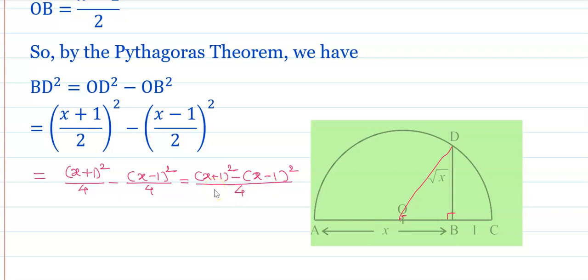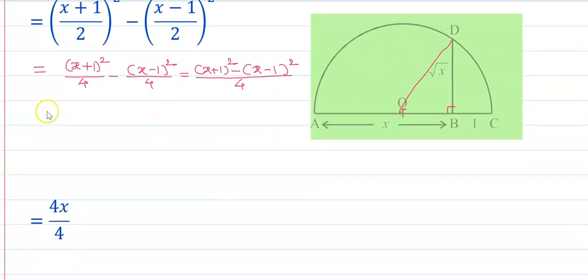Now next we can expand this. x plus 1 bracket square means x square plus 2x plus 1, minus, in bracket, x square minus 2x plus 1.